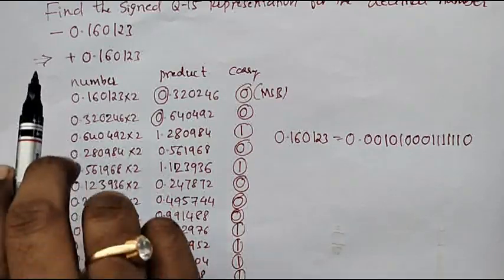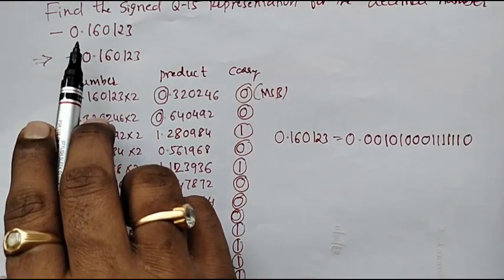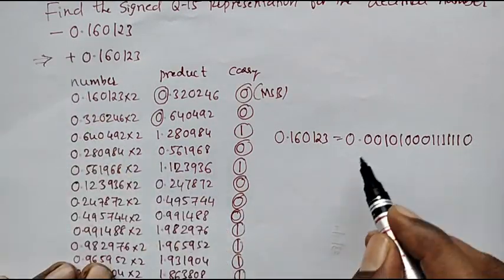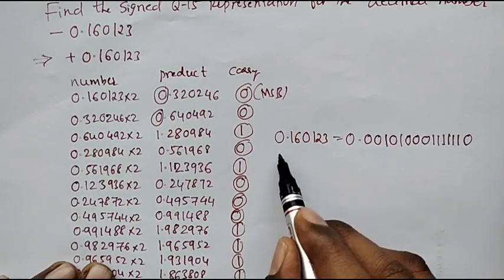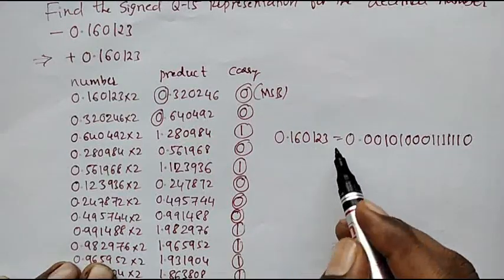But the given number is minus 0.160123. Now we take the 2's complement of this number, so that we get minus 0.160123.